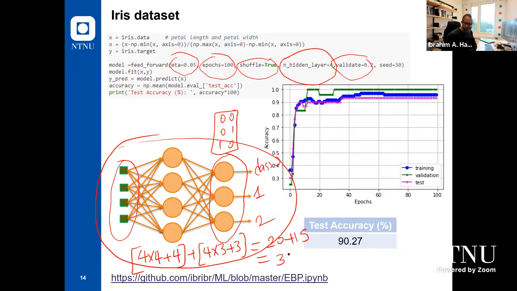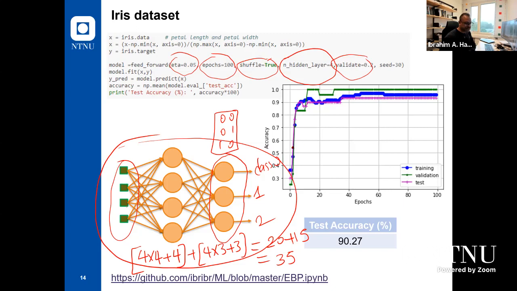So it's 35, right? Is it correct? So it's 35 weights. Yep.